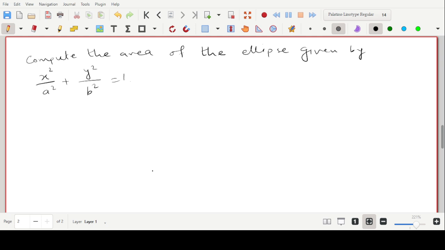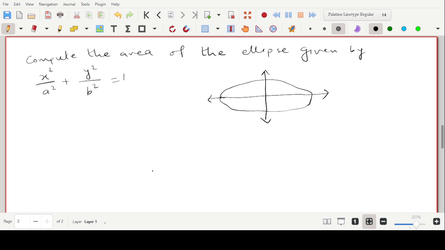Now what does the ellipse look like? I am assuming that a is greater than b, so it's an oblong shape, horizontally oblong.